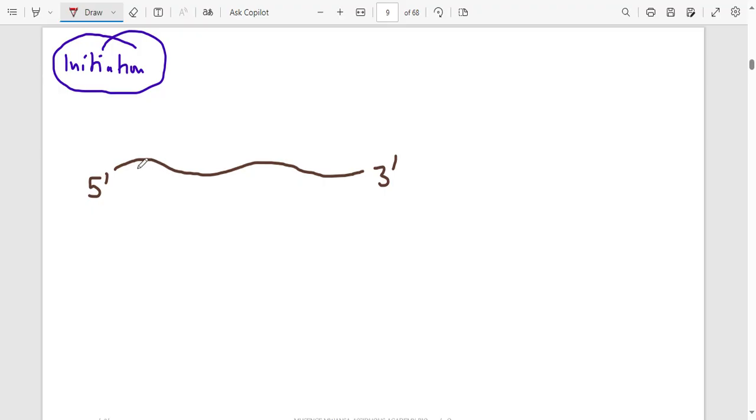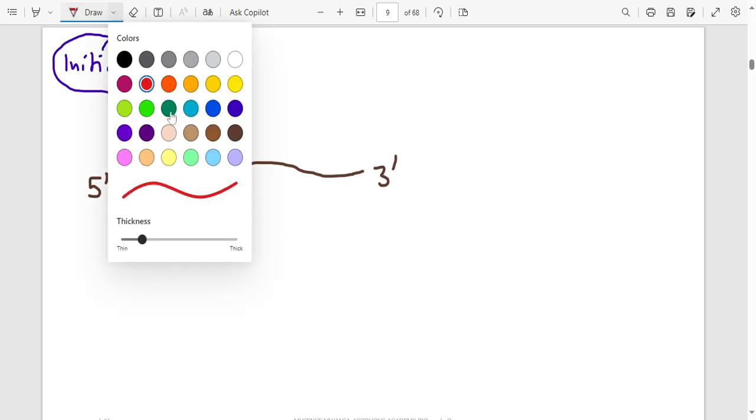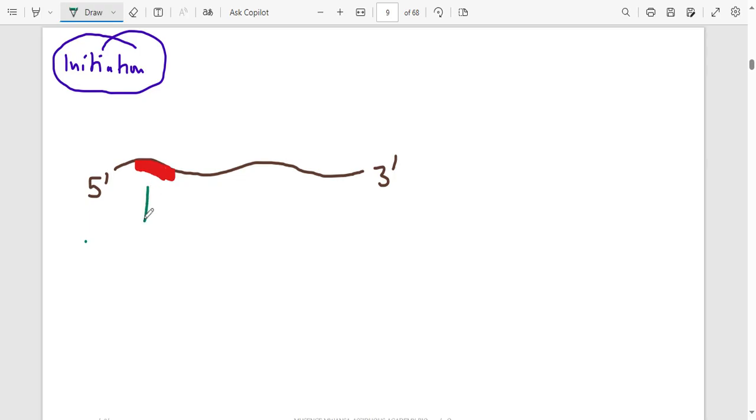So let's say you have got now something like this. So there it is. So what is this? This is known as the small ribosomal subunit. Okay, so this is the first thing that happens.